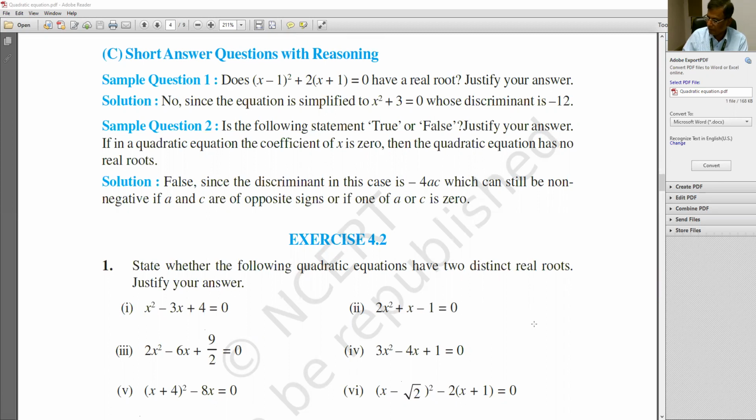This is the topic basically we are going to discuss. We are going to give the reason, the reason of the solution, that why this is the answer.